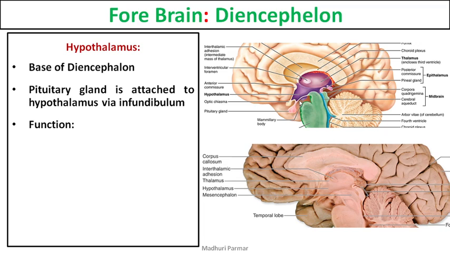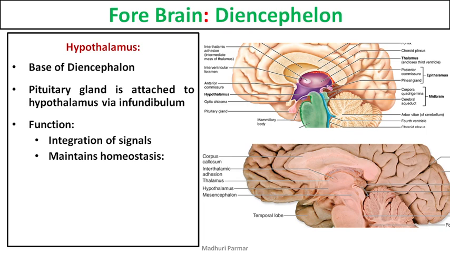It is a bridge. What is the function of hypothalamus? Its function is integration of signals. All the different signals you're getting from your sight, from your smell, these signals will be integrated in your hypothalamus. It maintains homeostasis. Homeostasis is normal levels of everything in the blood or in your body.